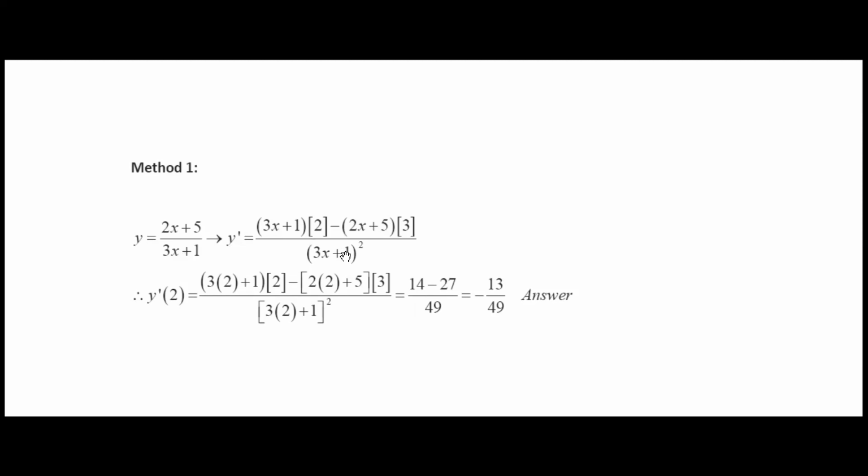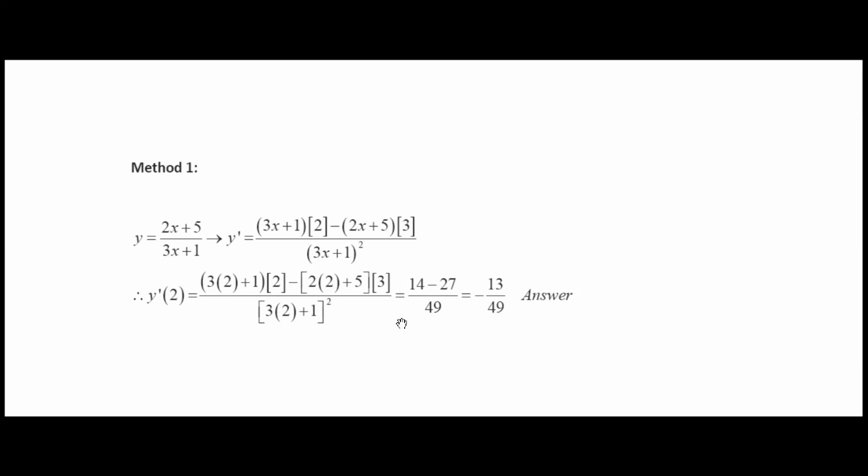Now I'm not going to clean this up since I want the answer when x is 2. I'm just going to substitute in 2 for everywhere I have an x, do the arithmetic, and our answer is negative 13 over 49.